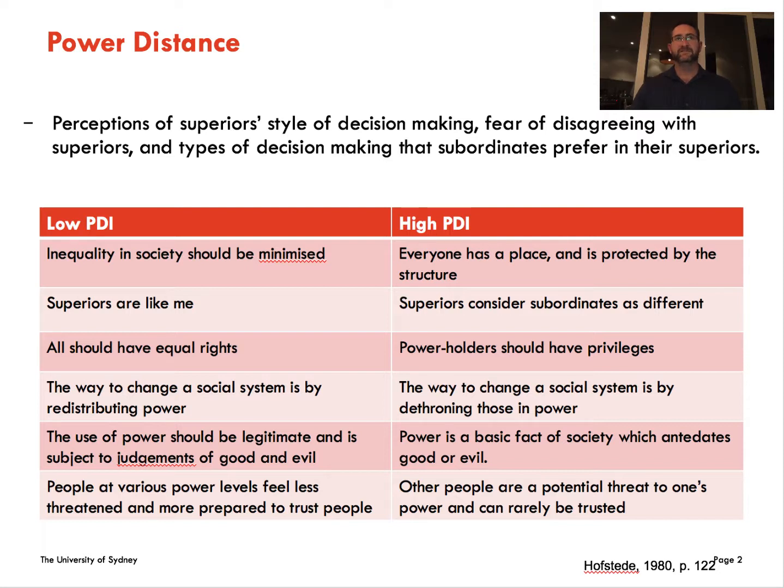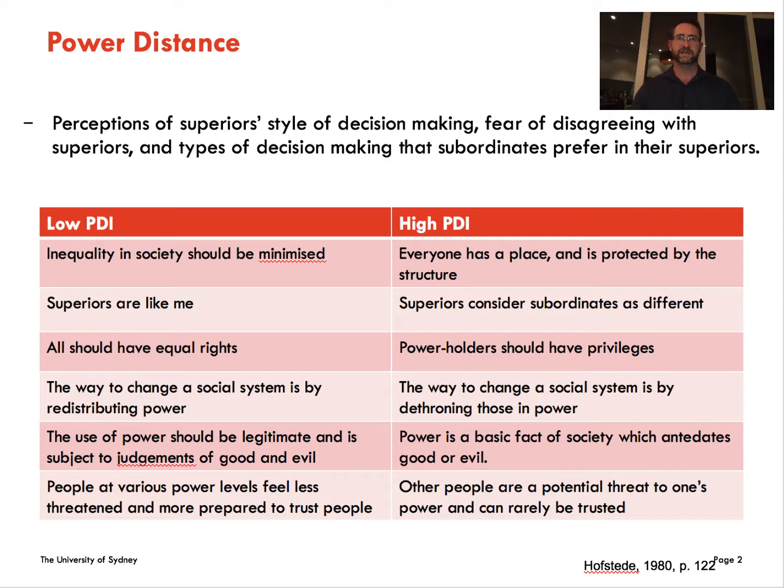In this kind of environment, because superiors are assumed to be actually better in some ways, power is assumed to be a basic fact of society, and questions about whether power is used appropriately or inappropriately aren't really credible kinds of questions. Power isn't really subject to questions about good or evil.